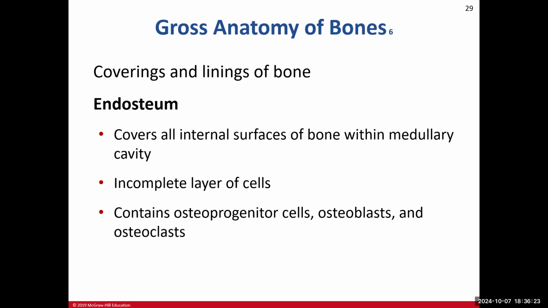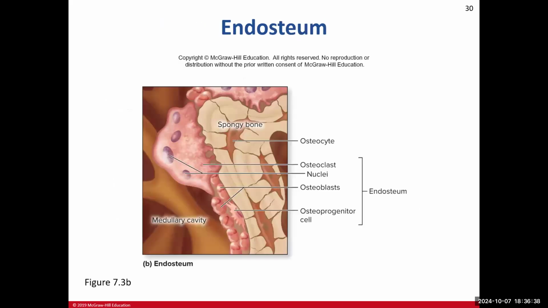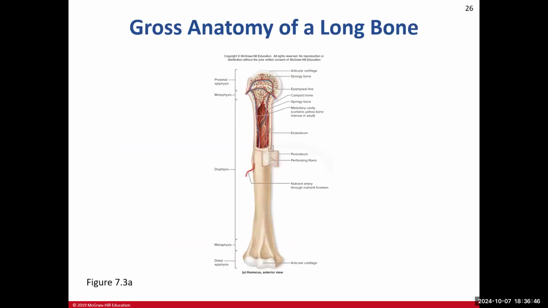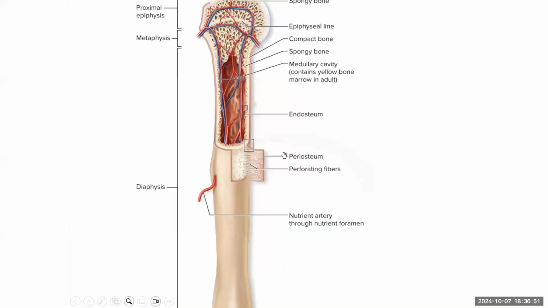So when we talk about all the internal structures of the bone within the medullary cavity, we're basically saying, right, you're going to have this endosteum running all over the place on the inside, all over the trabecular or the spongy bone. So we'll see a nice picture of that here. Here you can see, again, to kind of give you some perspective because you might not know where you're at. Zoom back in. So if you notice, you can see the compact bone, and then just deep to the compact bone, you can see the spongy bone.